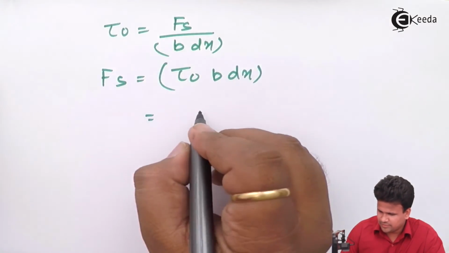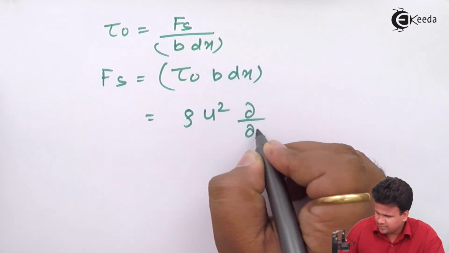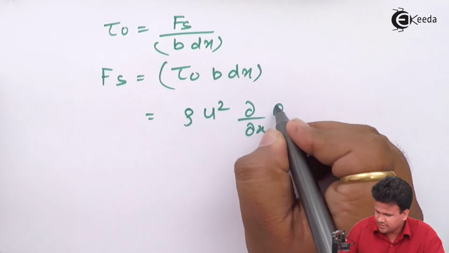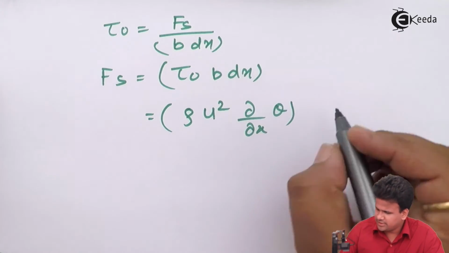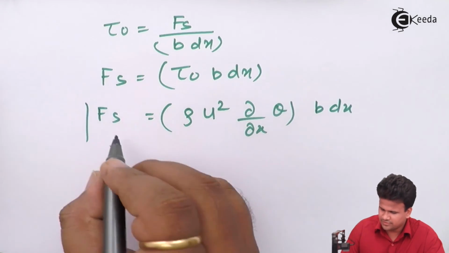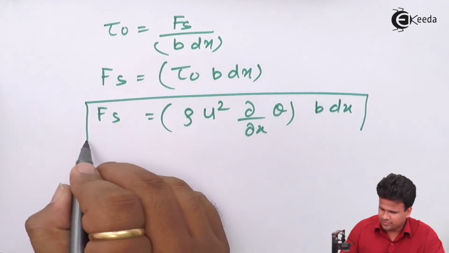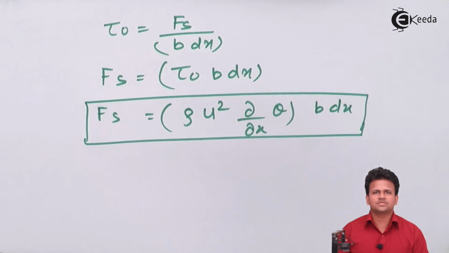So this will be equal to rho u square into dou by dou x of theta, that is the value of shear stress, into b into dx. So this is the value of shear force. So we have got what is shear force and we have got what is von Karman's momentum integral equation.